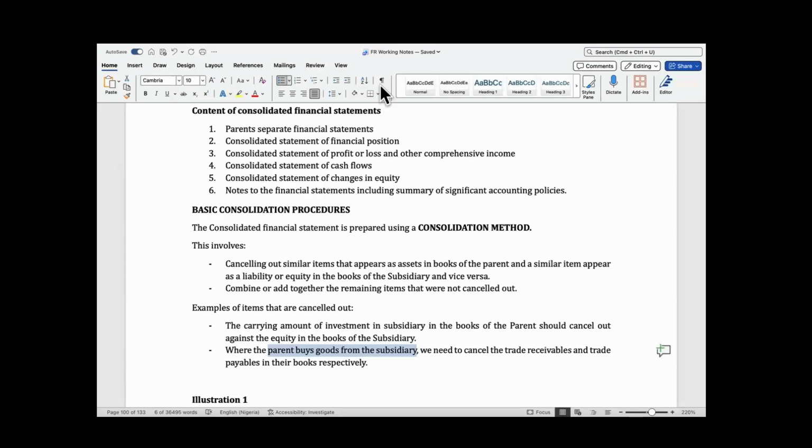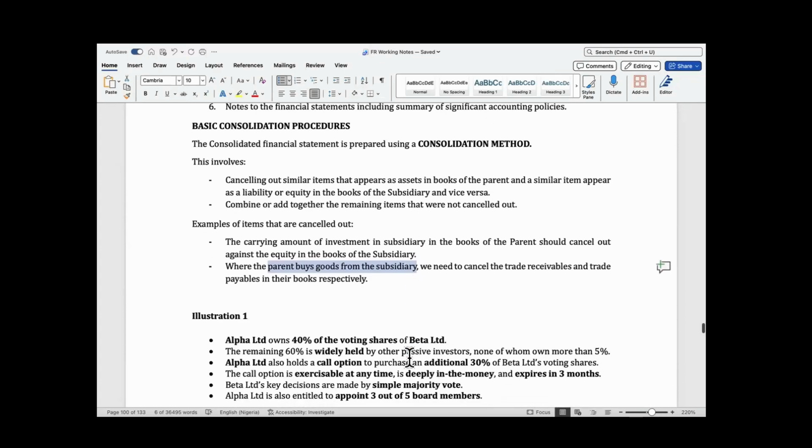We want to see the revenue you have made from working with outsiders, not revenue you have made from working with yourselves. Then we cannot consolidate that. If you made money from yourselves, or you are owing one another money, you would usually cancel out all of that. So that's not offsetting, and you're good to go.